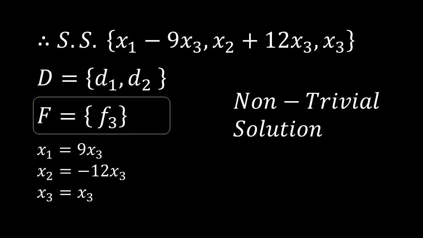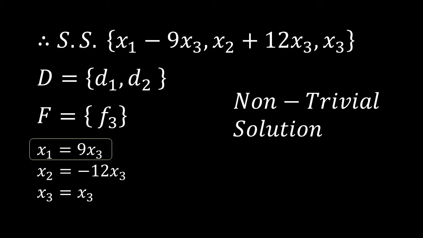By observation, we can tell that the system is consistent and have infinite solutions where our x sub 1 is equal to 9x sub 3. Our x sub 2 is equal to negative 12 x sub 3, and our x sub 3 is equal to x sub 3.